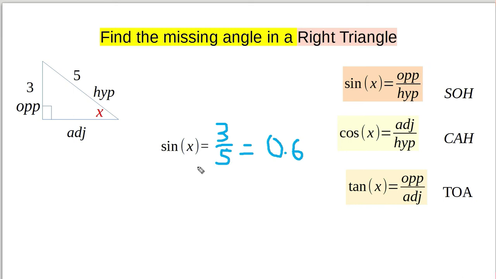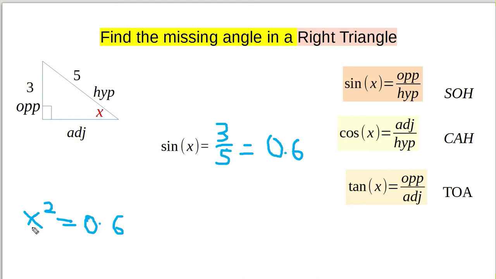How can we find X? To find X, we have to use the sine inverse. Now that shouldn't scare you very much. Imagine we did not have sine, but we had X squared is equal to 0.6. To find X, we would have to remove the squared sign, and the inverse of squaring something is the square root.